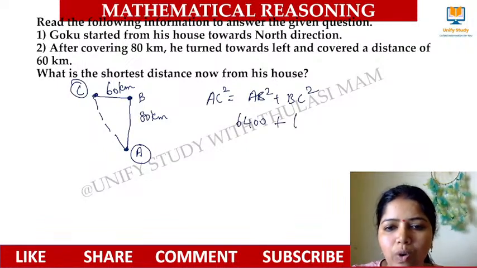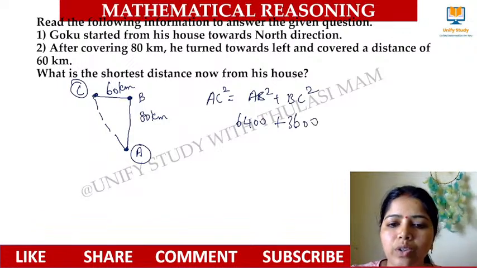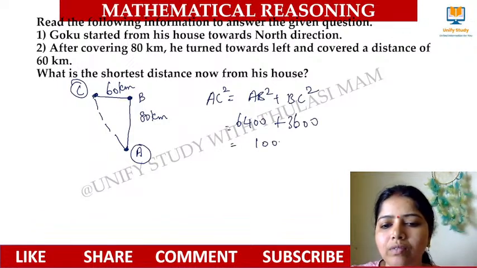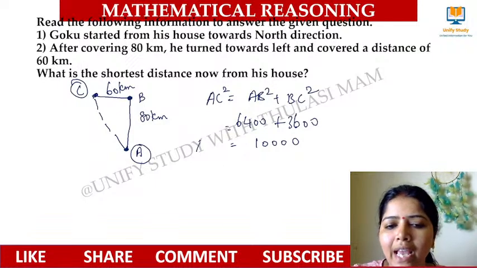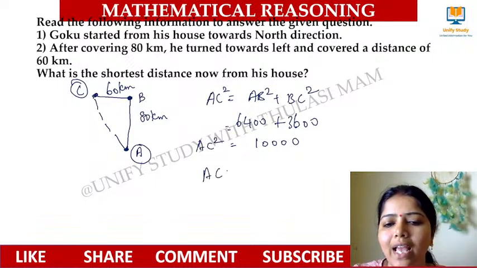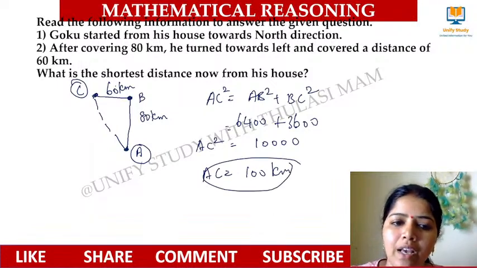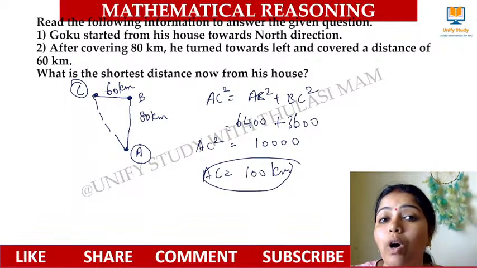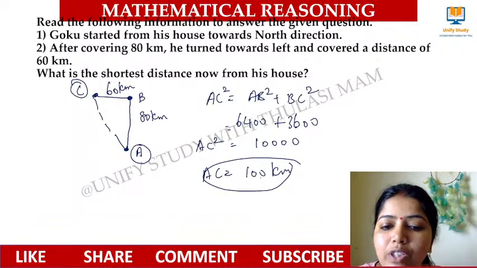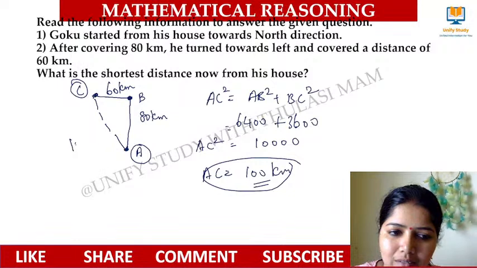BC squared is what? 3600. So when I add, what will be coming? 10,000. AC squared is equal to 10,000. Then AC is equal to what? 100 kilometers. If he walks this distance, he covers 140 kilometers. But now he covers only 100 kilometers.